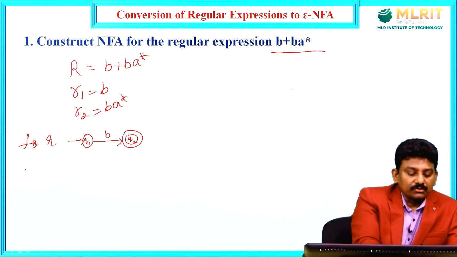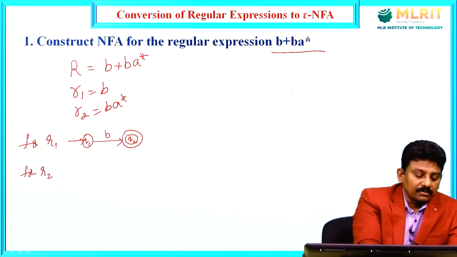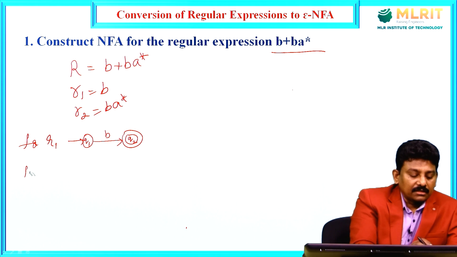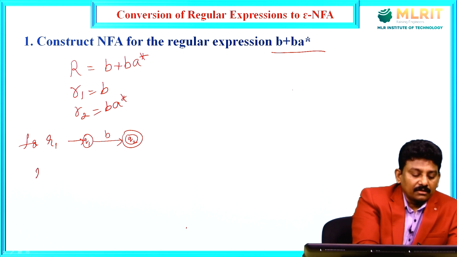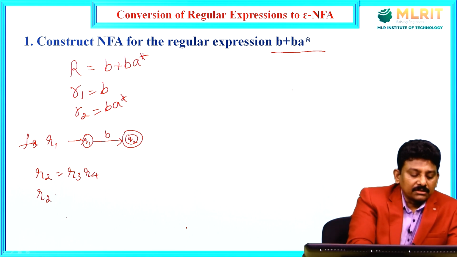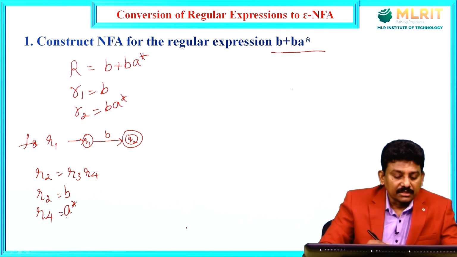So, for R2, I can write R2 is equal to R3, R4. R3 is B, R4 is A star.